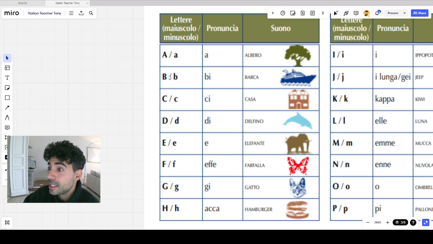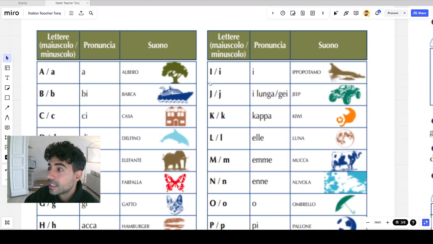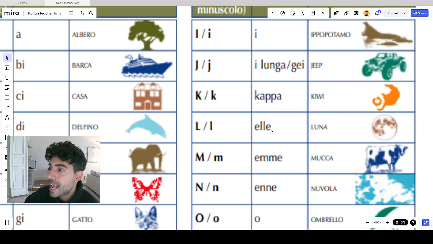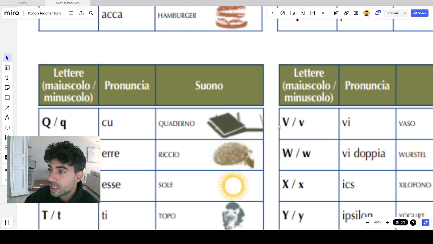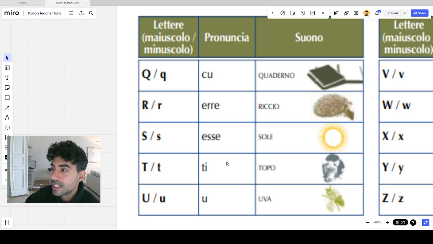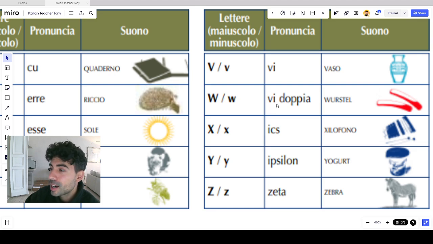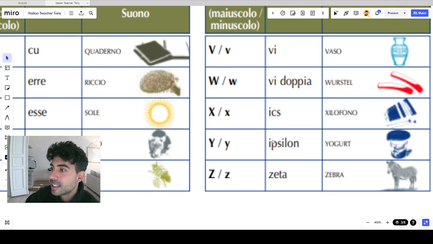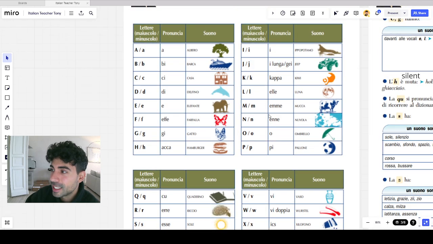A, B, C, D, E, F, G, H, I lunga or J, K, L, M, N, O, P, Q, R, S, T, U, V or V, W or W, X, Y, Z. That's how we pronounce the alphabet in Italian.